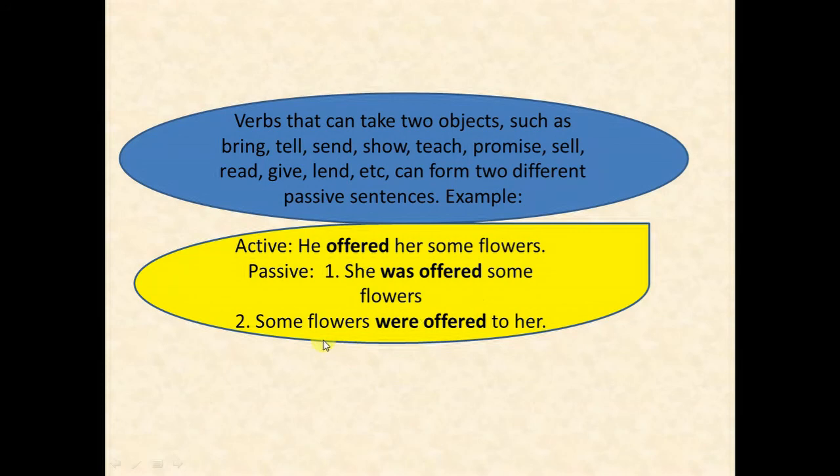And the second passive is, we take the second object, some flowers, which is, in other words, the direct object. So this becomes the subject of the passive. Some flowers were offered to who? To her, like here, her.